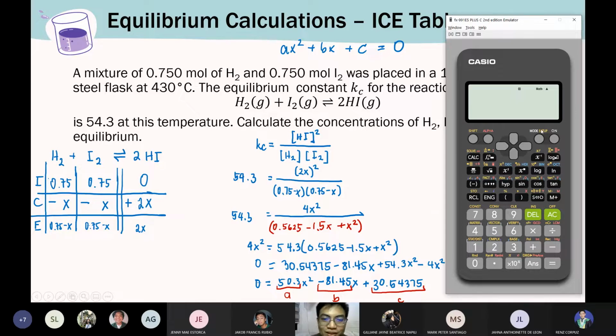So, we're going to solve for the roots kasi kailangan natin ng x value, right? So, tamad tayo. So, gamitin natin calcu natin. So, gagawin nyo, you press mode. Okay, press this button, mode. If you are using ClassWiz, you're going to select menu, okay? So, tingin kayo dito sa aking camera.